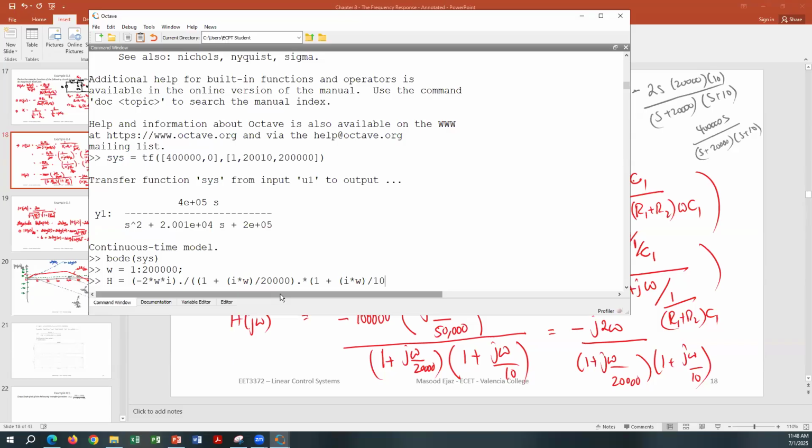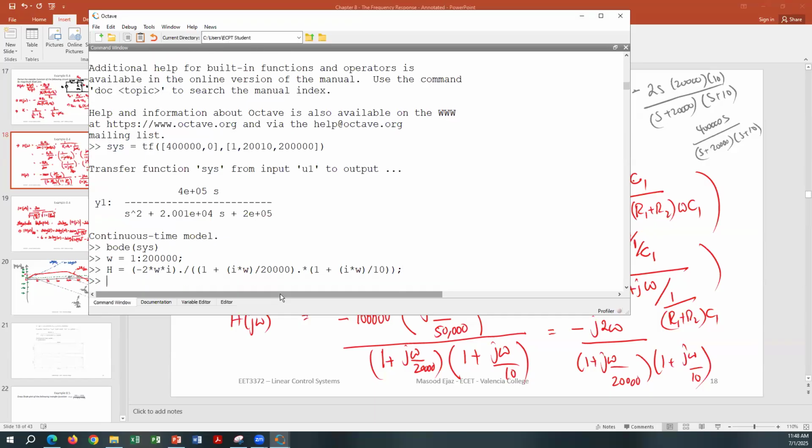Okay, and then this is one factor, this is the other factor, and this is the last one. I hope I'm not making any mistake with the parentheses here. Okay, it works so far, so let's move on.